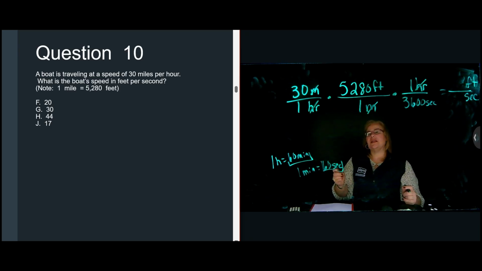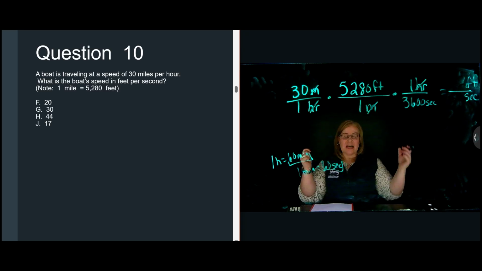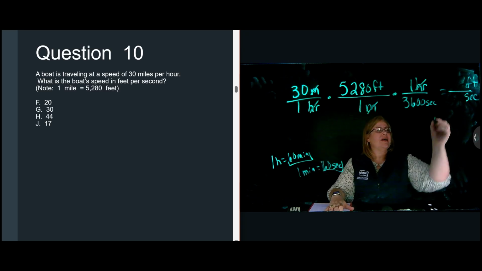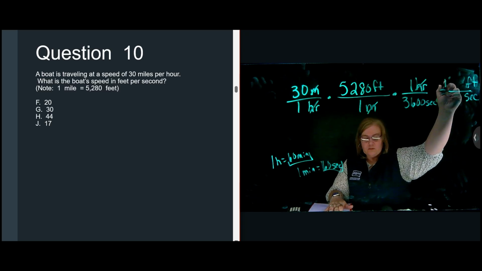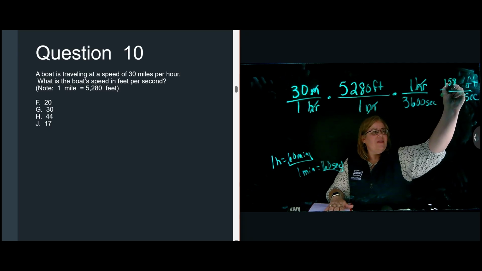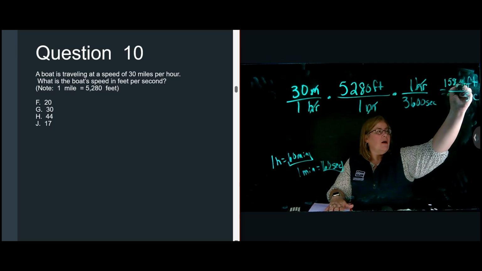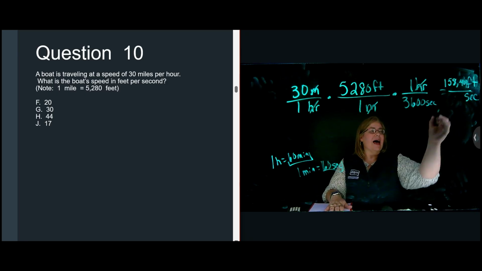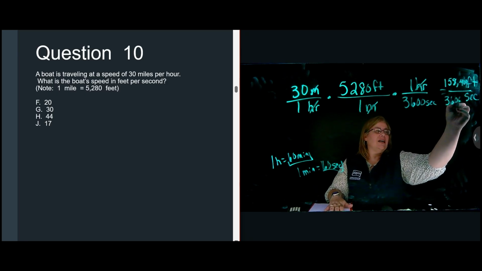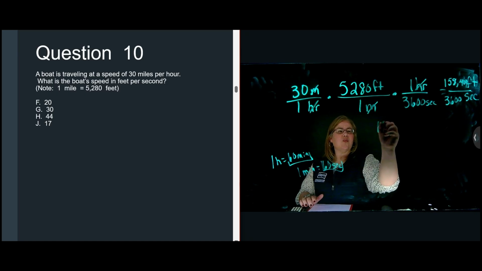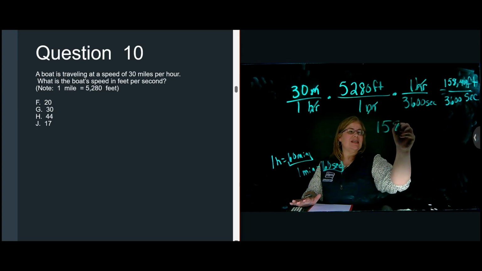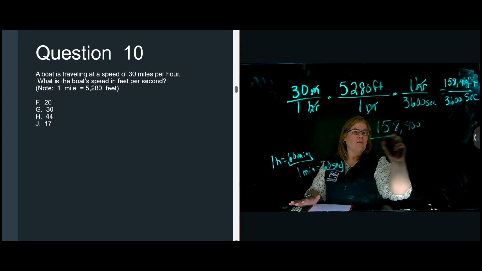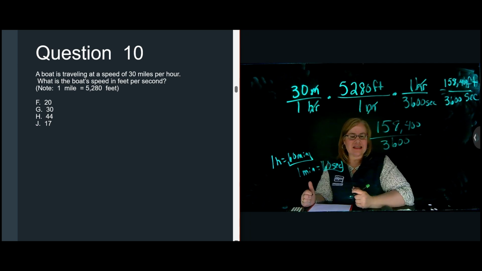So 30 times 5,280 times 1 is going to give me 158,400. And then when I multiply straight across, I get 3,600. Well, that's really big numbers to deal with.